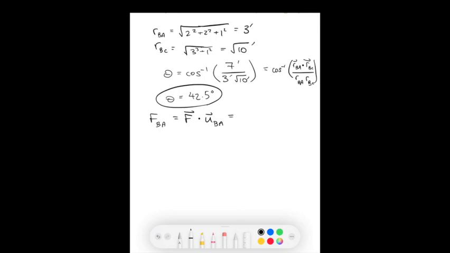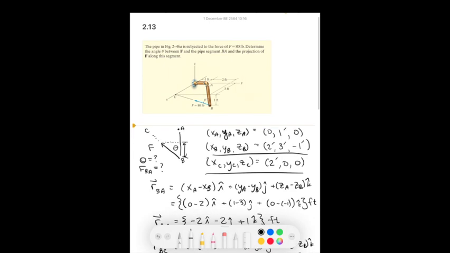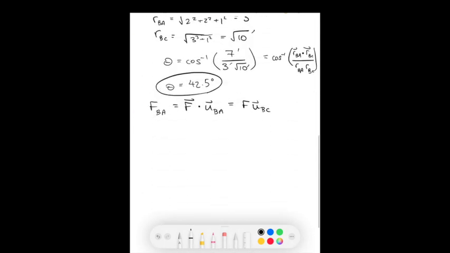And that's going to be equal to, so we know that F is therefore equal to the magnitude of F times the unit vector that it's acting along, which is along BC, which would be equal to, we already found this. So we have those values for F. For U, we know that that is equal to R BA over R BA.